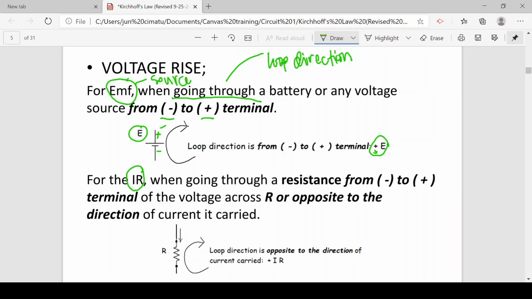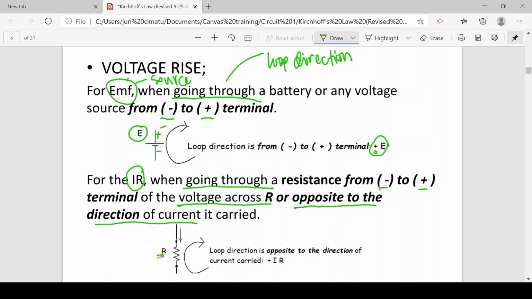So the I times R is a rise, or positive, when going through this R following a loop direction from the negative to the positive terminal of the voltage across the R. So the R has a voltage because there is a current that passes through the R. Or going through R in the opposite direction of the current.